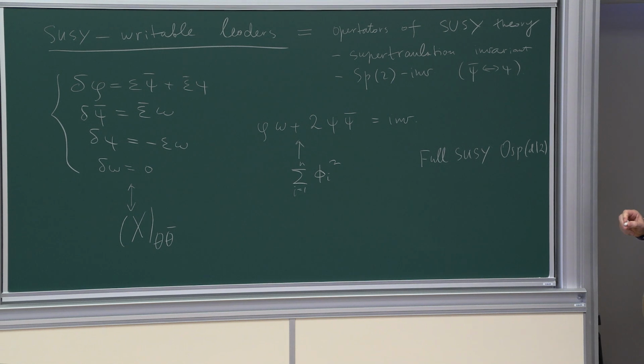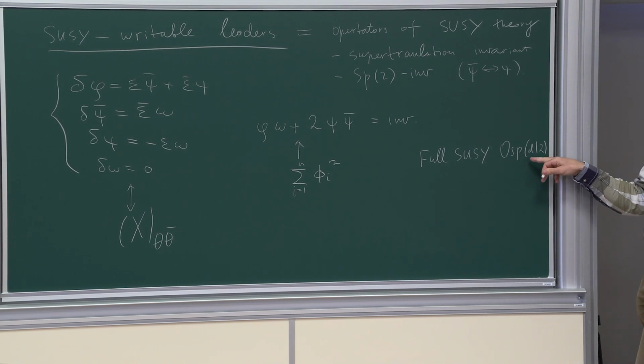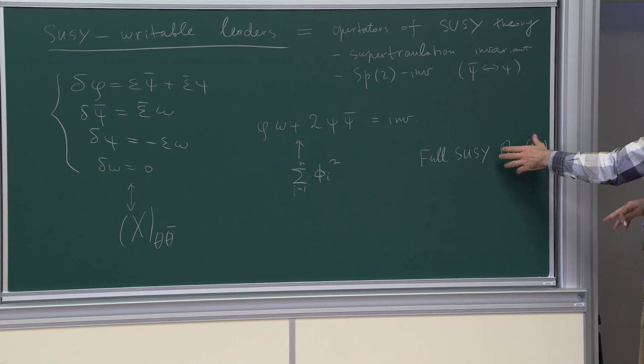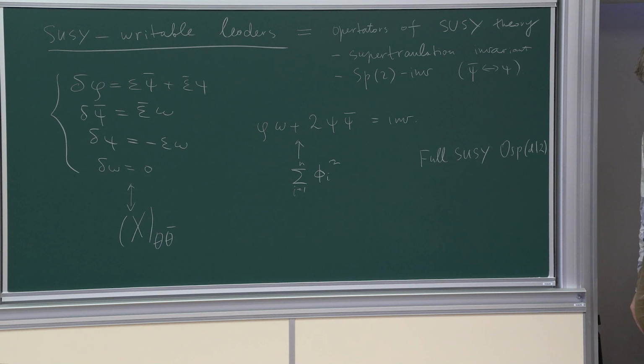But this is the logarithmic part. This is not yet the superconformal. This is just the SUSY part. And then if I go to the fixed point, this SUSY gets enhanced to the superconformal Parisi-Sourlas symmetry.